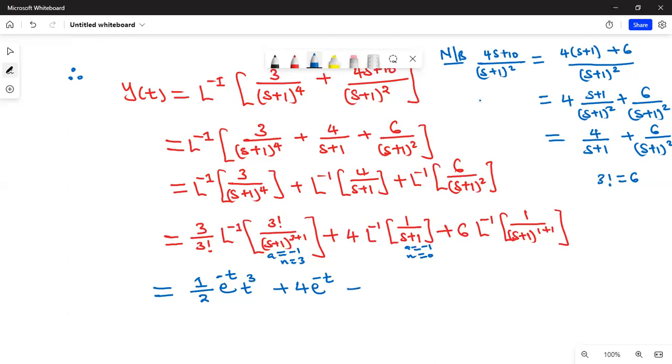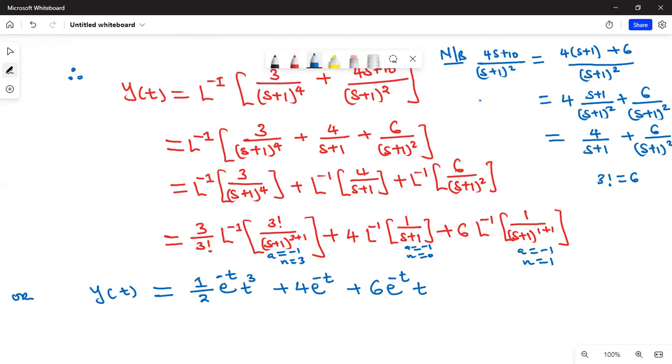Then I can see here plus 6. Here, our a is -1, and our n is 1. So that's exponential of -t times t. So you can just say y of t.